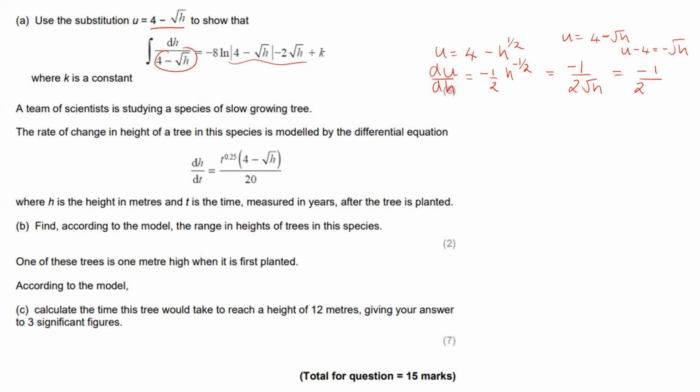What is our minus root h? A u minus 4. And I could maybe lose that minus because I've got minus root h on the bottom. So my du, if I cross multiply, is times by 2 times u minus 4 for dh. So 2u minus 8 du is equal to dh.